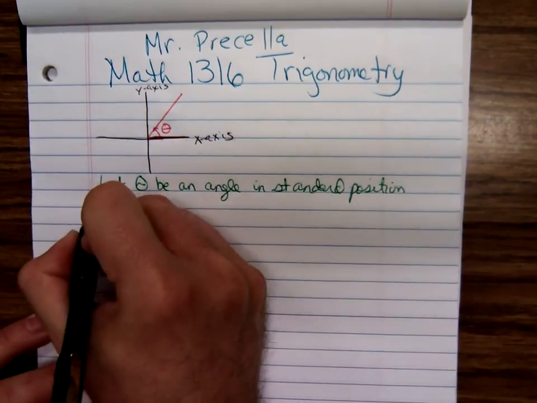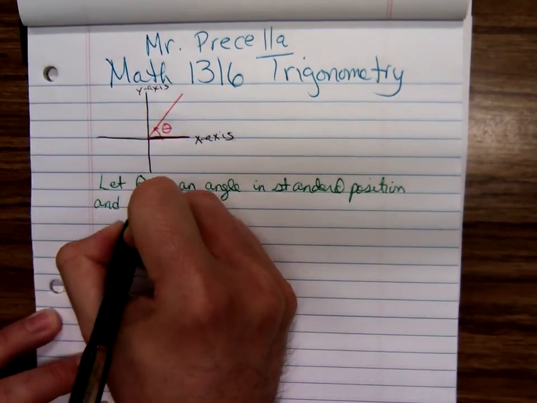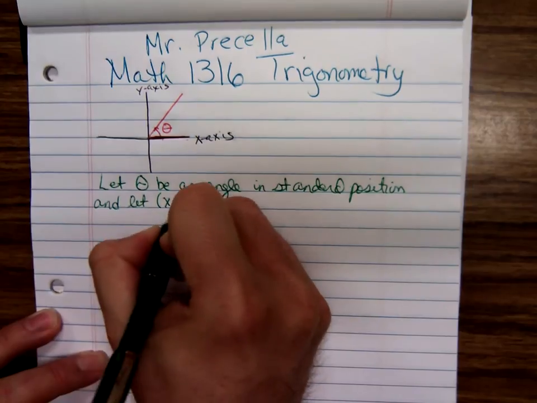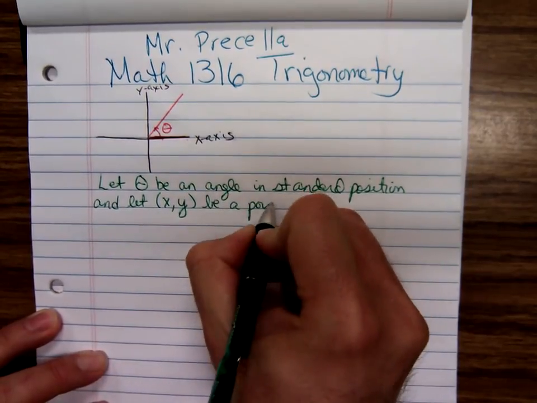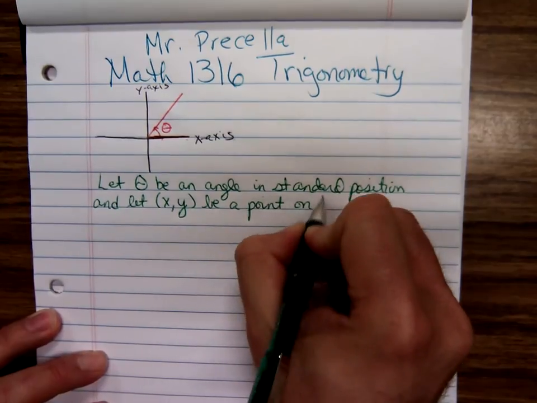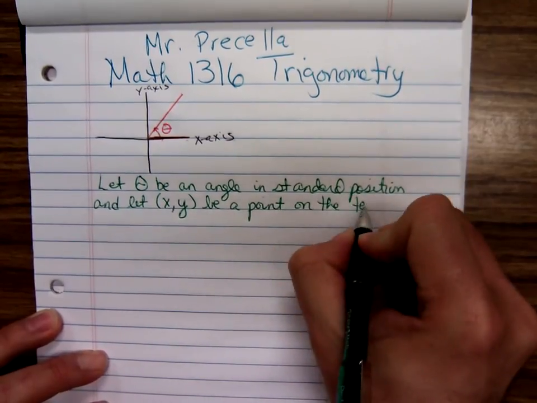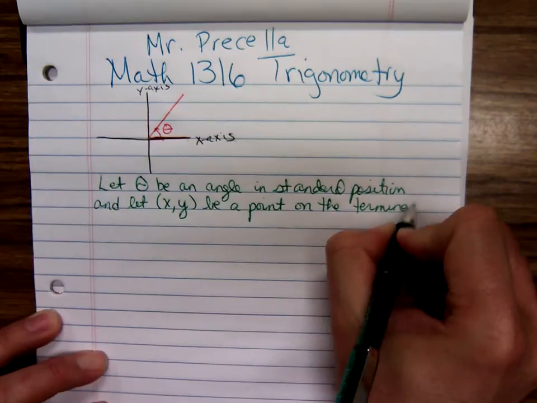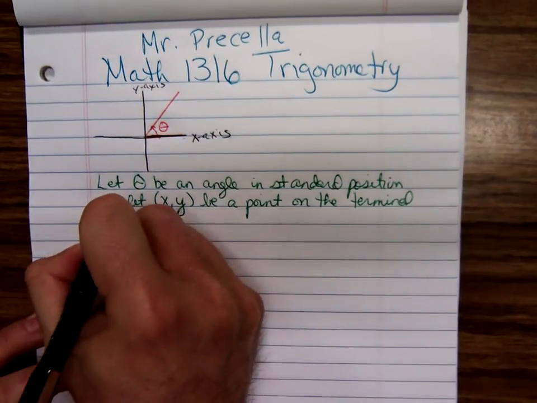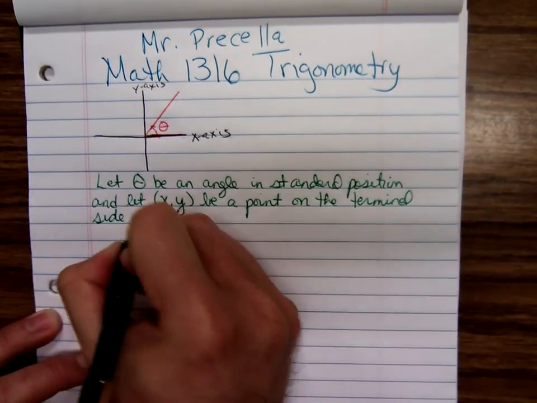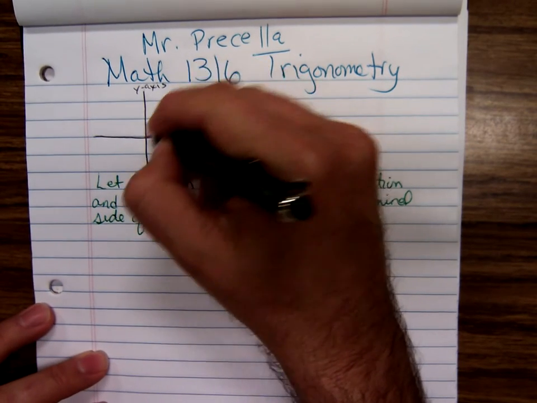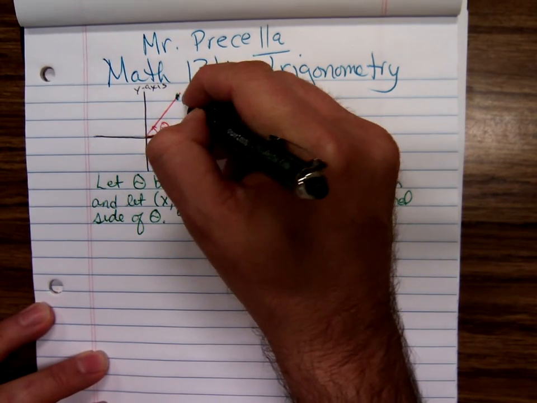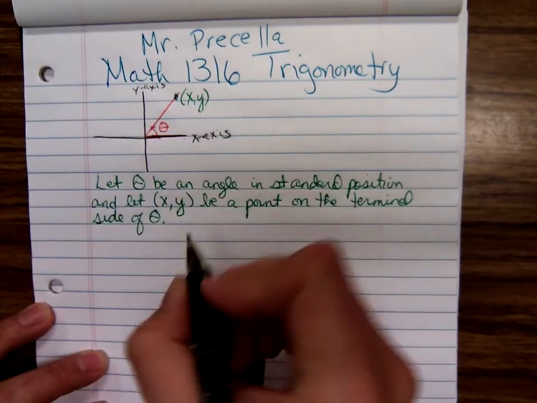And let's let the ordered pair (x, y) be a point on the terminal side of theta. So (x, y) is just some point on the terminal side, this red line here.